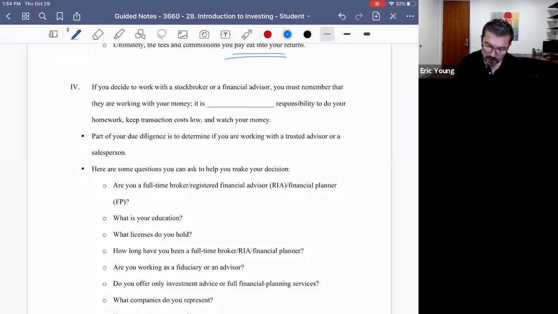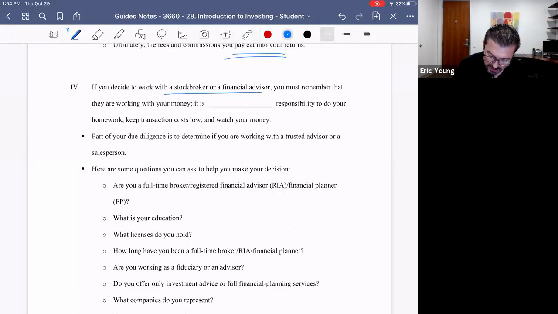Now, if you do decide to work with a stockbroker or a financial advisor, so let's say that as you advance in your life cycle, your asset base gets big enough and you decide to take advantage of professional stock brokerage or investment or financial advisor services. That's fantastic. And it's great if you get to that point.